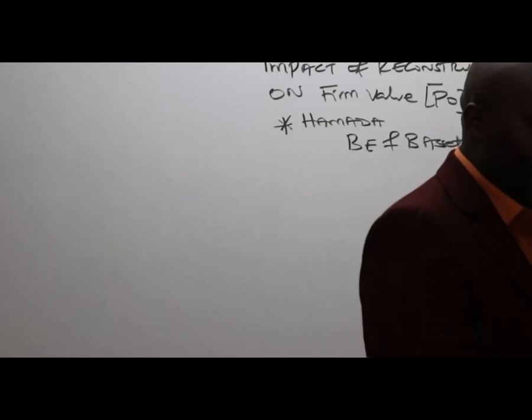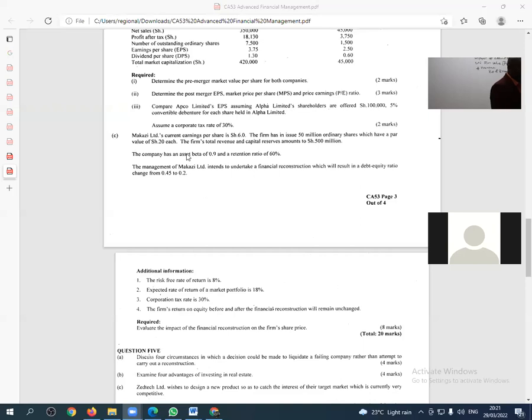Great. So, ladies and gentlemen, here we are. I'm looking at Makazi Limited. So for Makazi Limited, what do we have here? We are told Makazi Limited's current earnings per share is 6. The firm has in issue 50 million ordinary shares, which have a par value of 20 each.